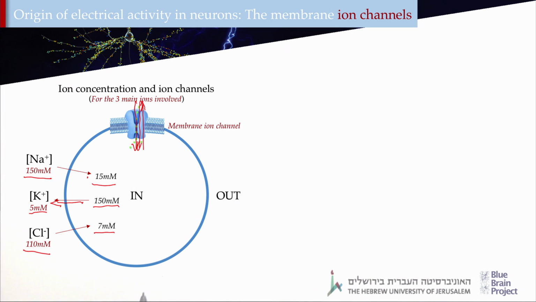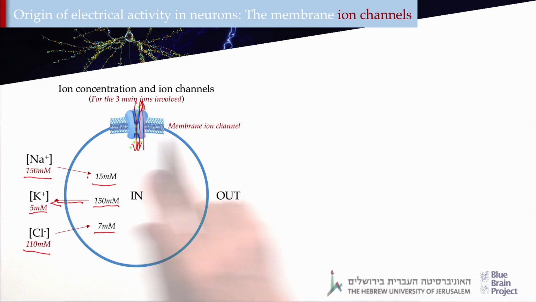So that's really what causes the membrane of neurons to be charged, because these ions are charged and they have a tendency to flow in one direction, from in to out or from out to in, depending on this gradient of concentrations. And the only question is which channels will enable which ion to flow.